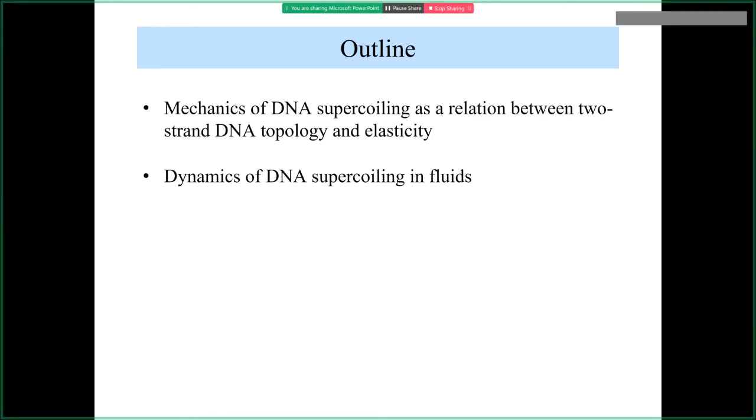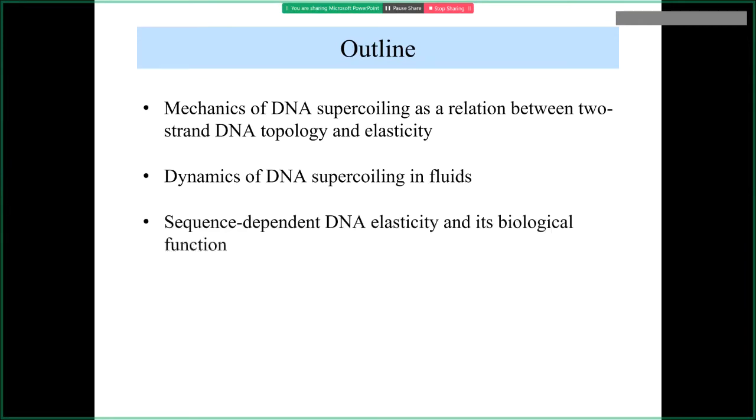We're going to include also the electrostatics component, and the motion of DNA in a fluid environment. And then in the third part, I'm going to be talking about the sequence dependence of the DNA elasticity and how we used that information to work out models of DNA together with proteins, and how we examine its role in transcription regulation.